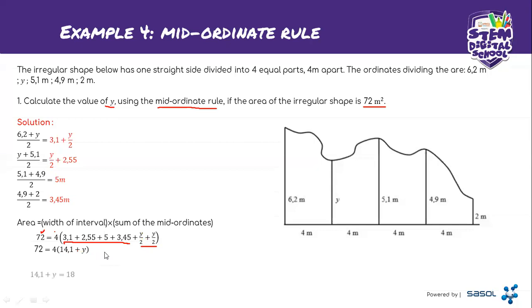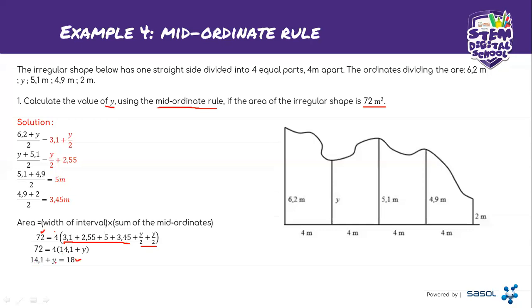The third step, what we're going to do, you can now divide with 4 on both sides. Then of course this is going to be 72 over 4, which gives us 18. And then on this side, we are left with 14,1 plus y.